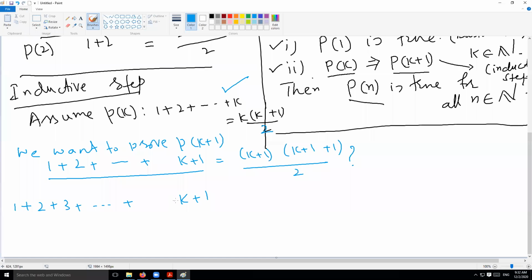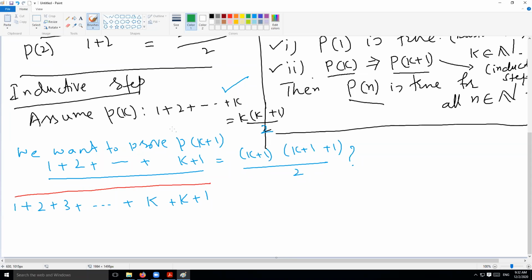By the way, if this is k plus 1, what would be the previous term in this sum? The previous term is going to be k. So I don't know what this entire sum from 1 to k plus 1 is.